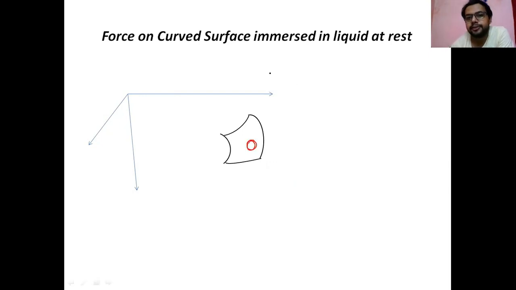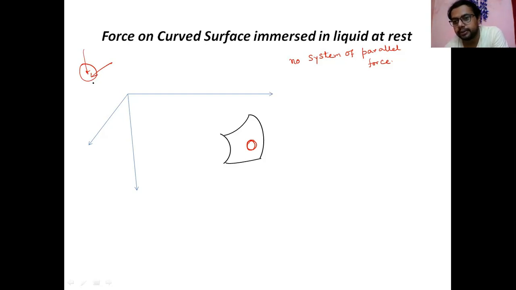In the curved surface, the first thing is that here we are not getting a system of parallel forces. So no system of parallel force, because over the curved surface, the forces may be like this. These forces are not parallel forces.